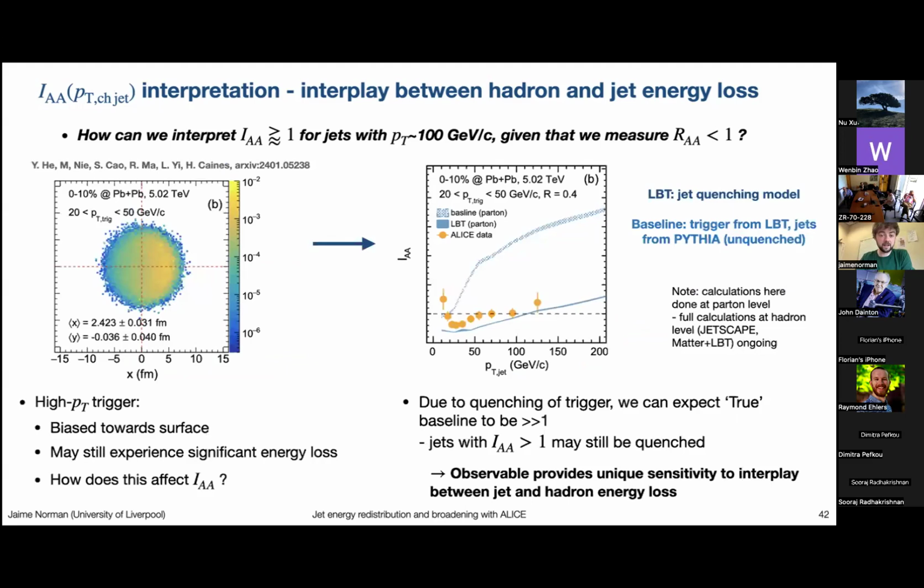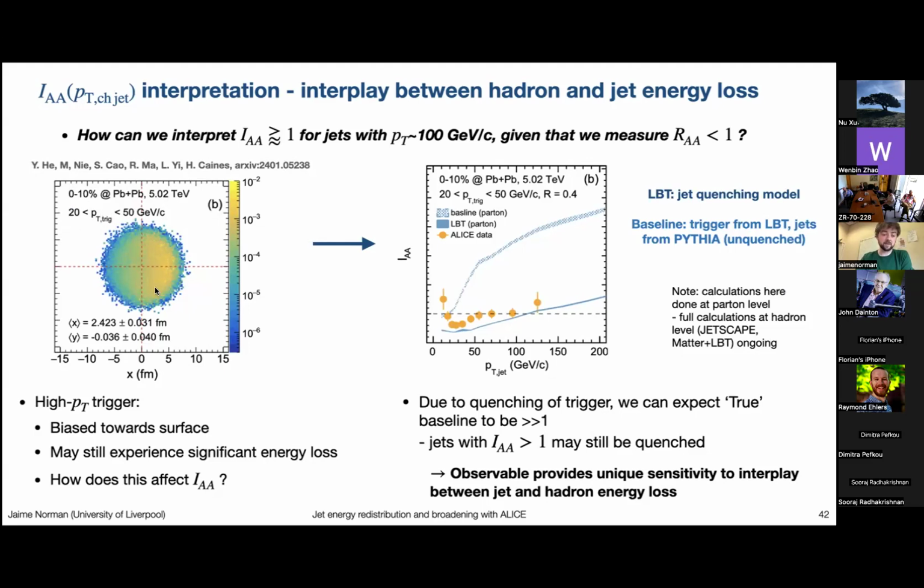And the answer here was confirmed recently, after our papers were released, by this really nice study where the surface bias of triggers was looked at in more detail. This plot shows the surface bias for trigger partons in the same PT range as our measurement, 20 to 50 GeV in lead-lead collisions.